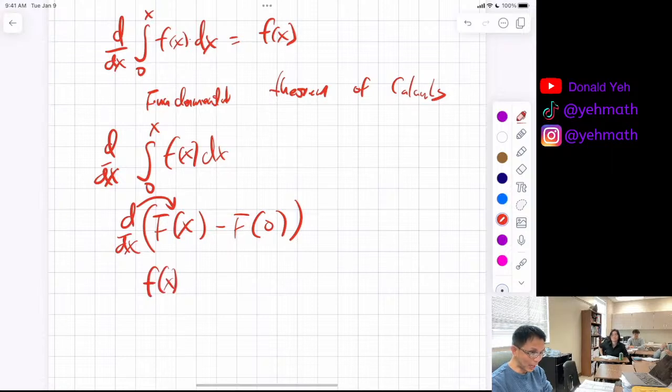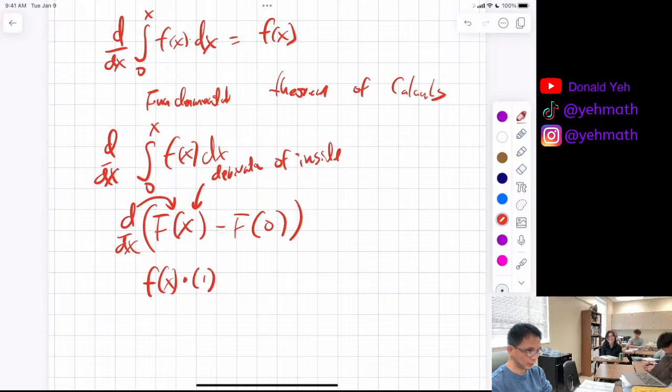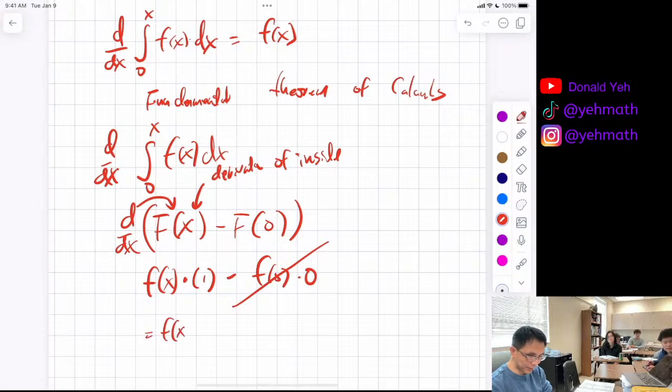Small f of x. But be careful, I also had to take a derivative inside. It's called the chain rule. So that is going to be 1 minus f of 0 times 0. Now this happens to cross out, f of x. And that's why it's equal to f of x. This is the slow motion of what happened.